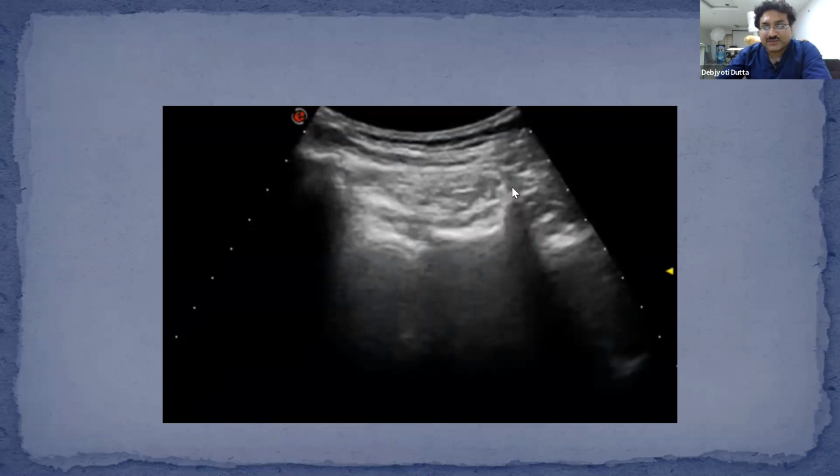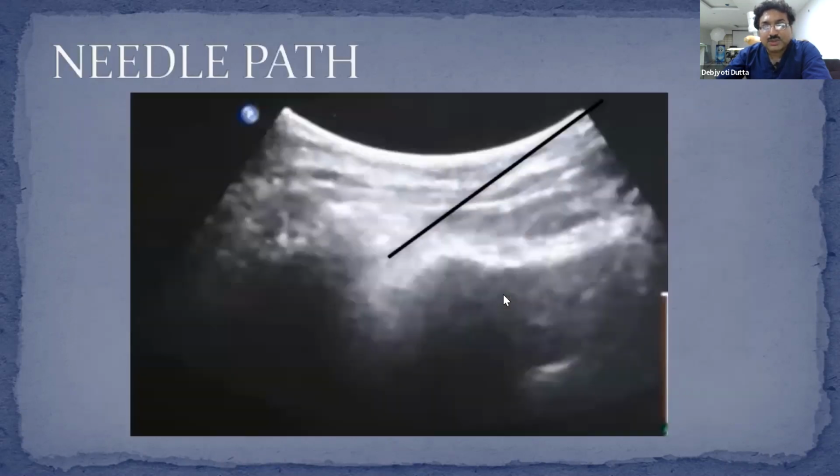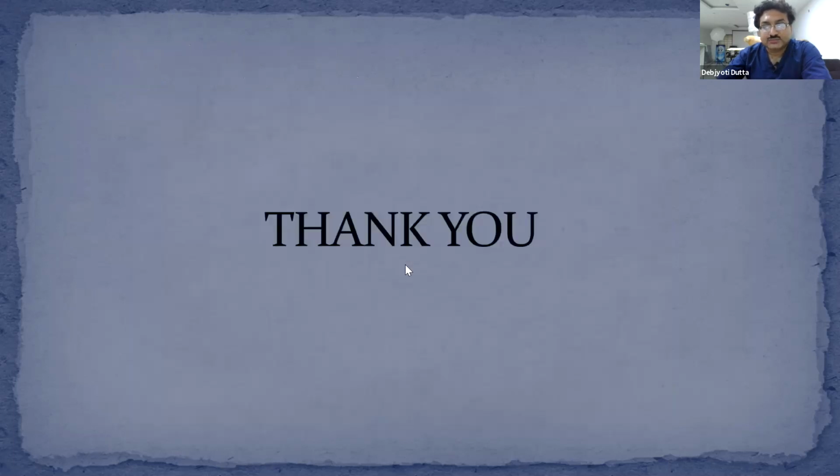So this structure we need to find out under the ultrasound. And in this area, we need to put our needle. So this will be the needle direction for the sacroiliac joint injection. So that was all. First I am showing the sacroiliac joint injection in the volunteer. Then I'll be showing you the injection.